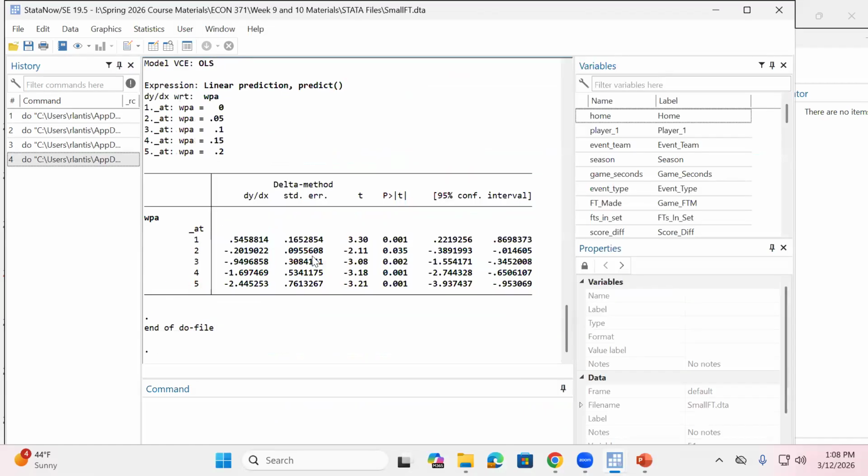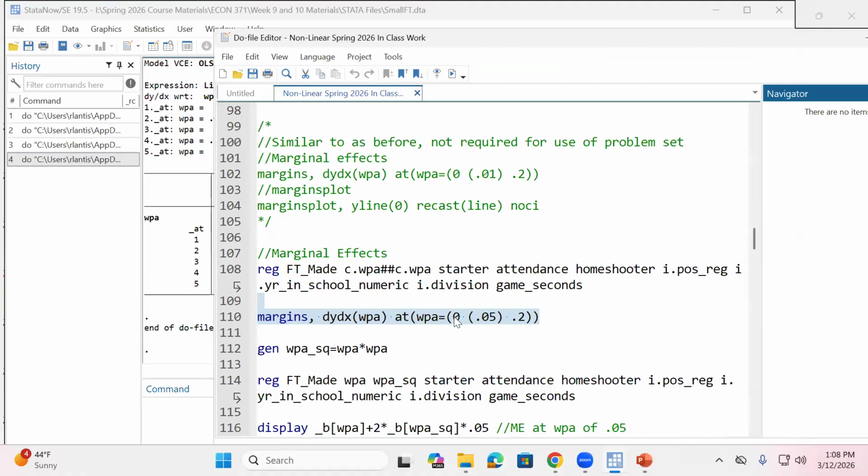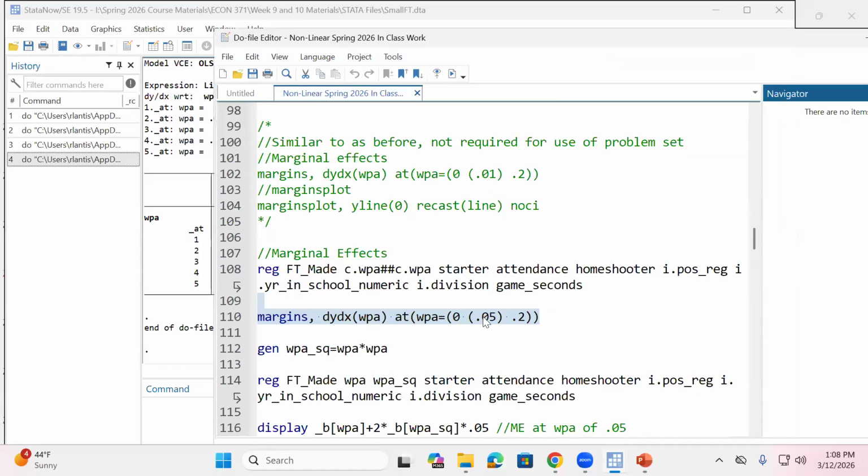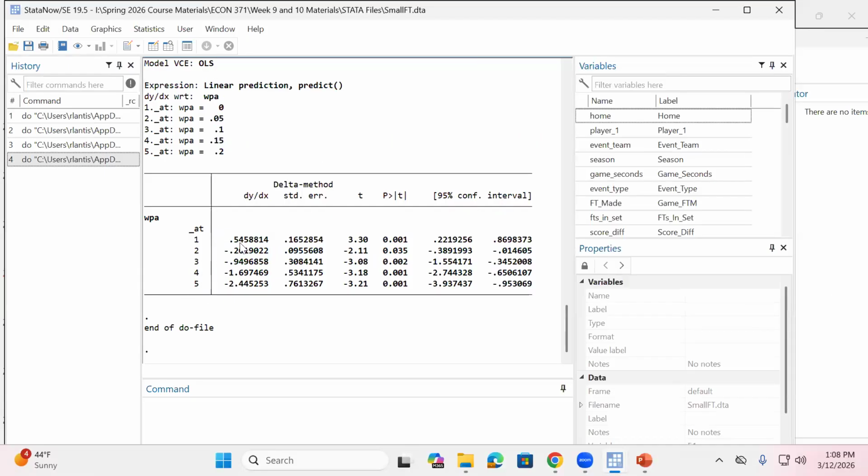We're waiting here. And it basically tells me, okay, at that pressure of 0, here's the marginal effect of a 1 unit increase in that pressure variable. If I then go to 0.05, here's the marginal effect of a 1 unit increase in that pressure variable, et cetera, et cetera.